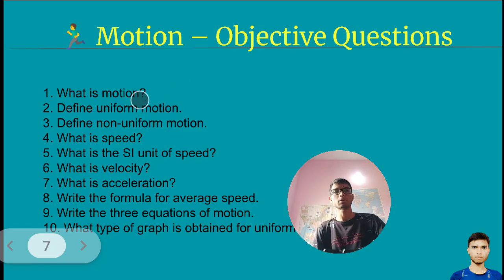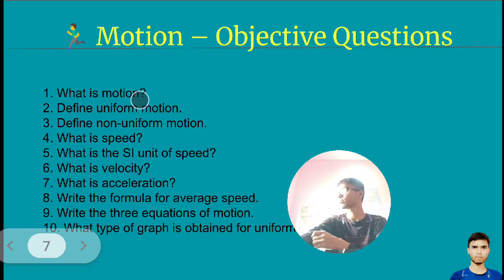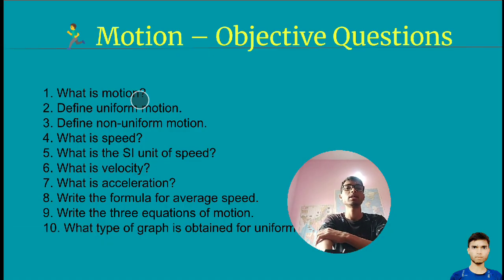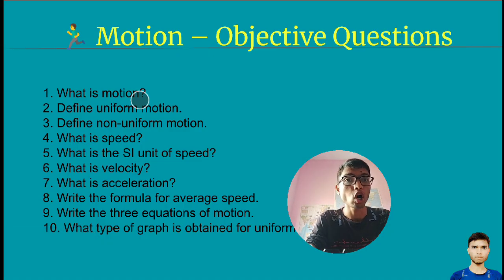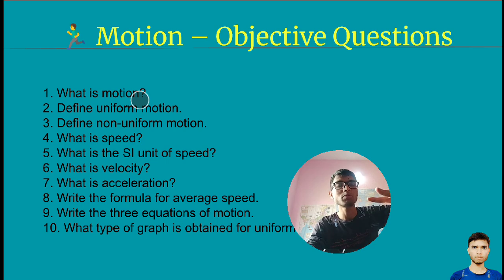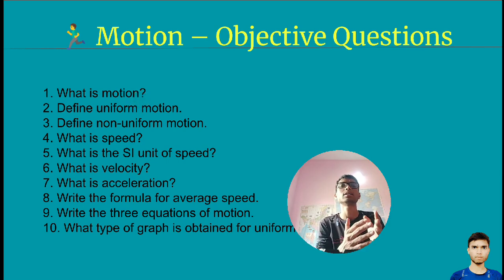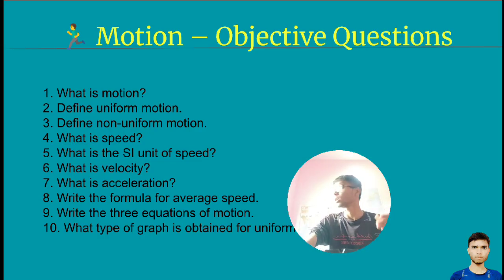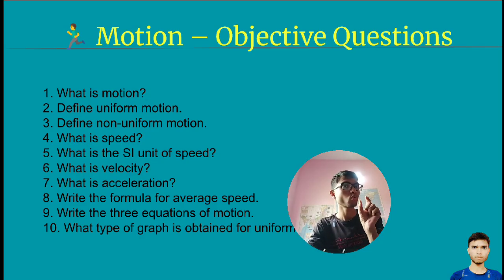Next, what is speed? Speed explains how fast an object is moving, with how much speed an object is moving. Speed will tell you: there are two vehicles, and the distance covered is fixed, 35 kilometers for both vehicles.